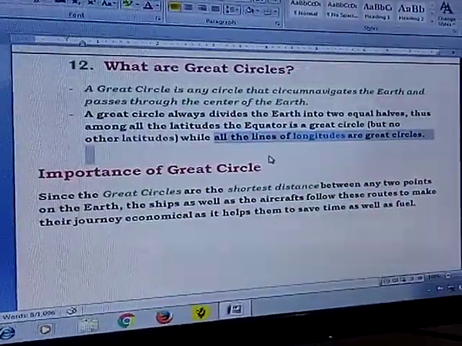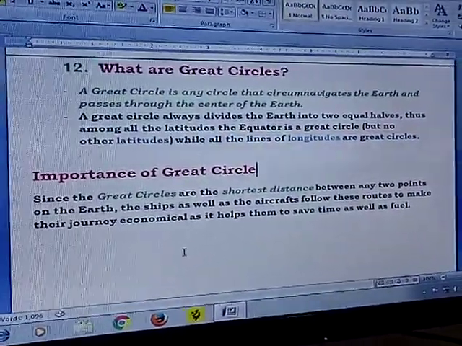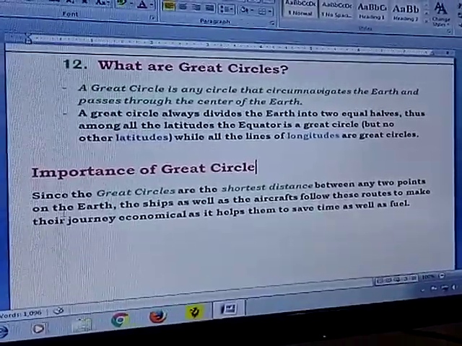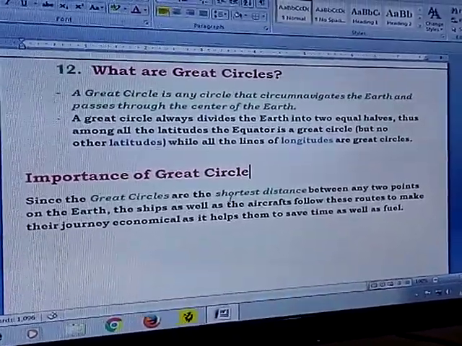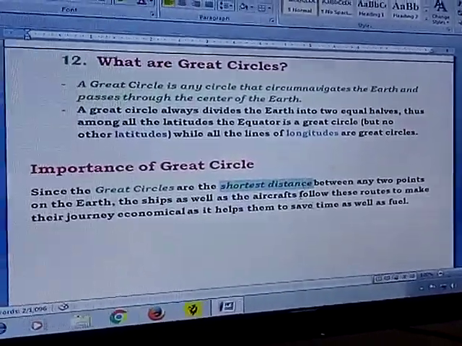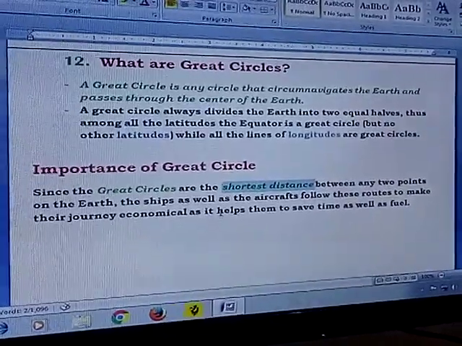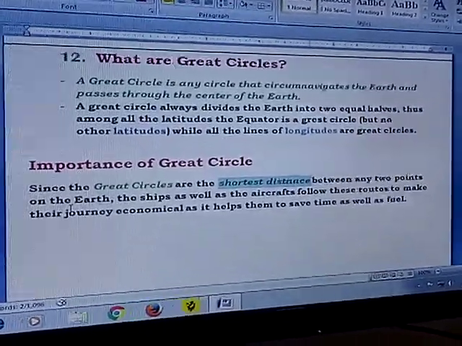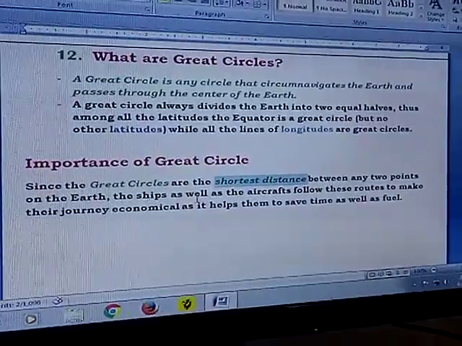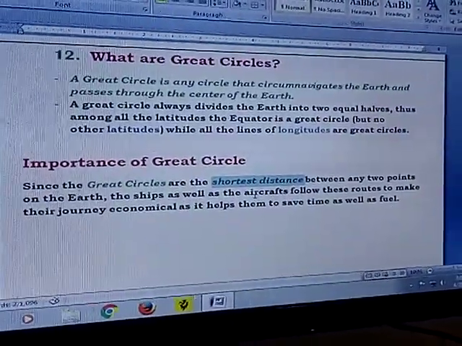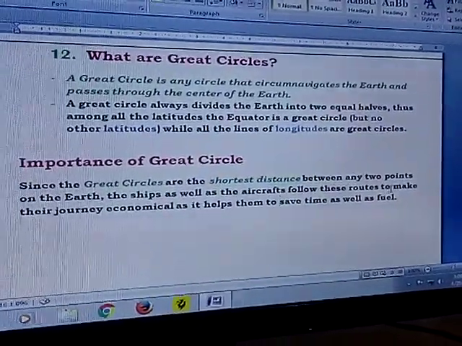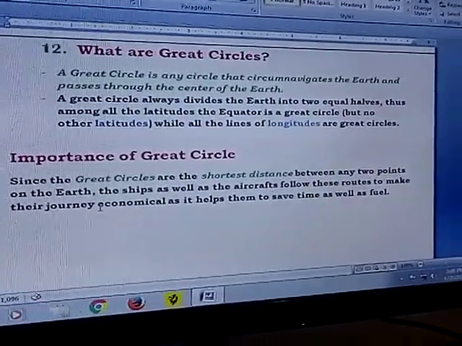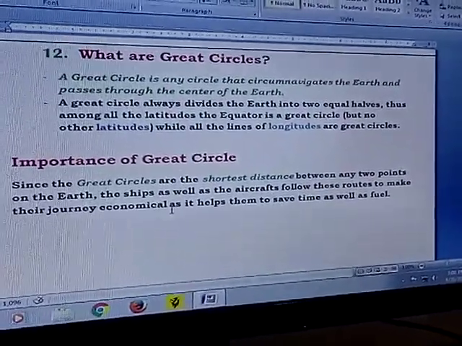Now, the importance of the great circle. Since great circles are the shortest distance between two points on the earth, ships as well as aircraft follow these routes to make their journey economical.